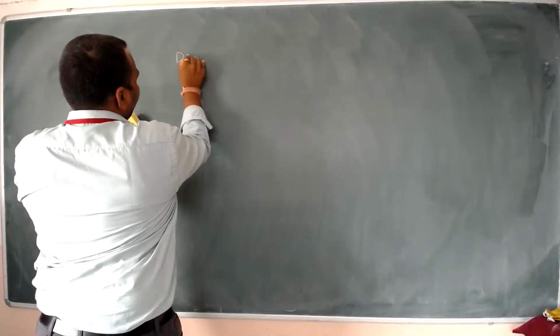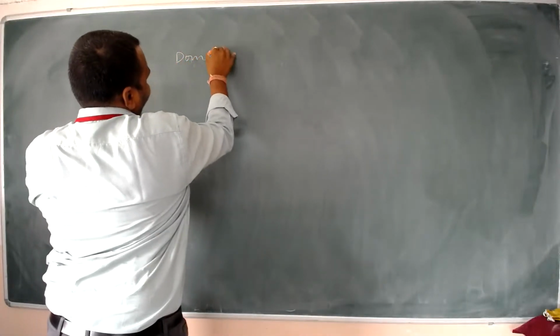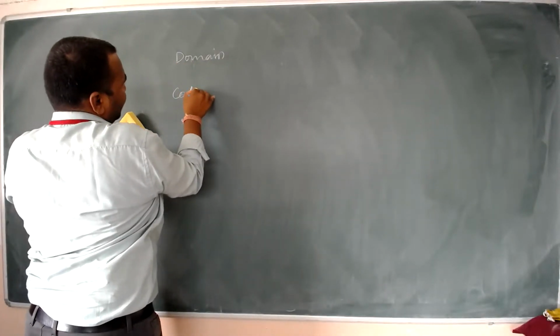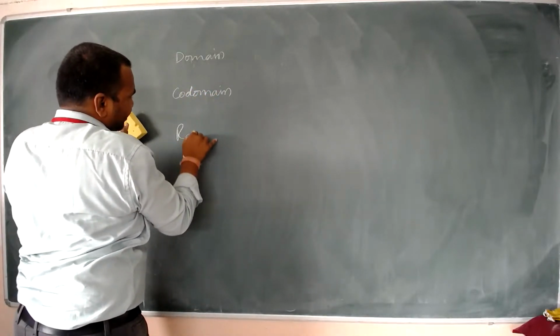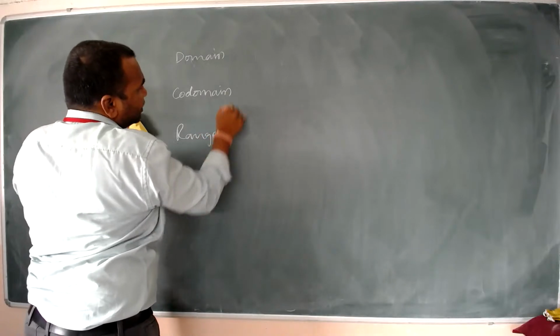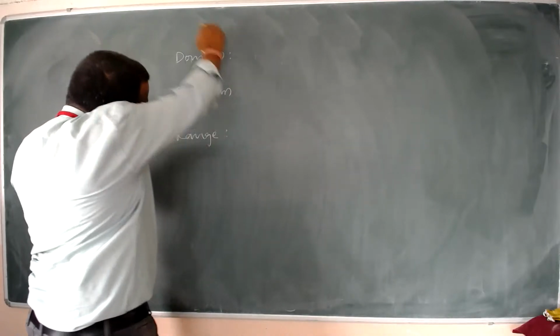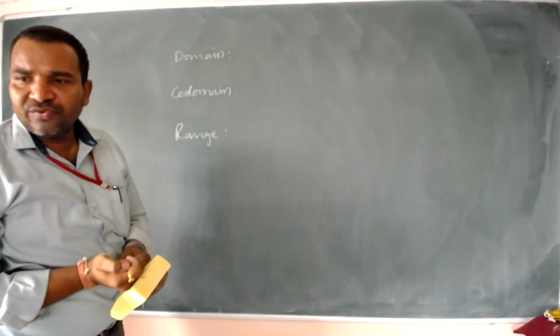Next, domain, codomain, range of a relation. What is the domain of a relation? What is the codomain of a relation? What is the range of a relation?